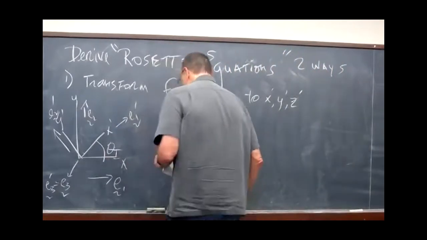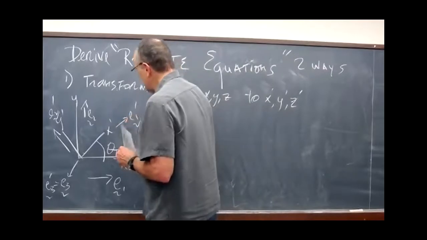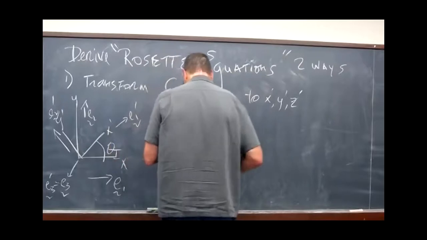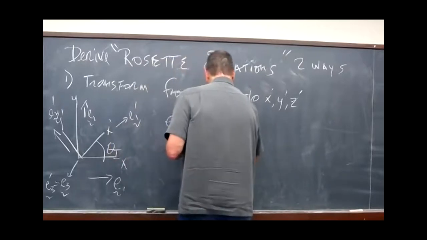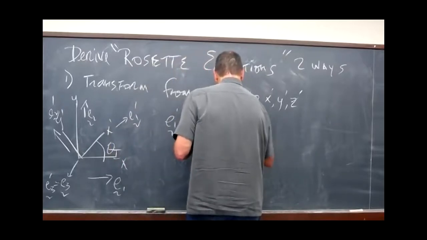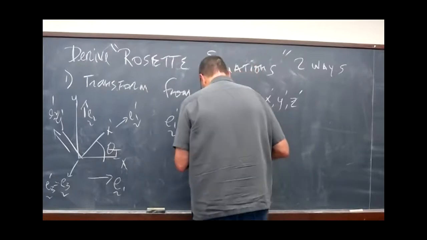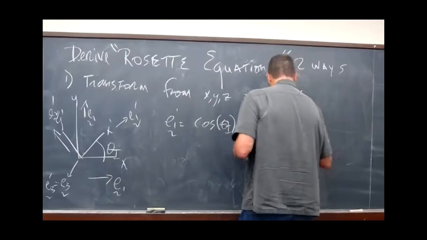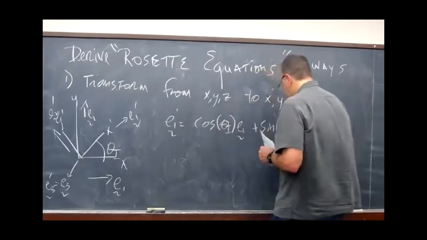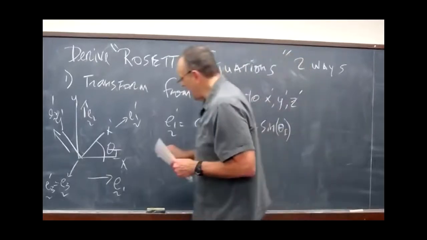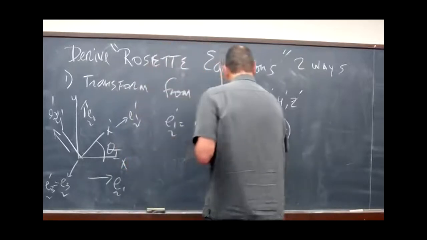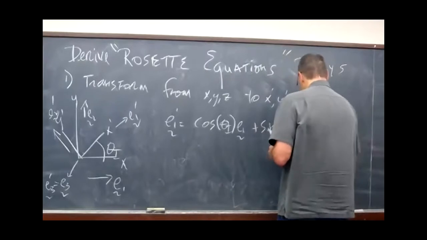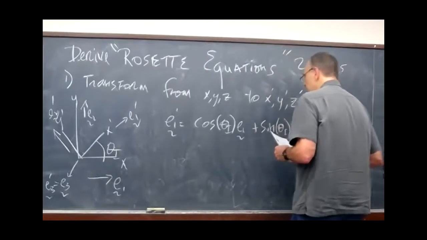So we can go in and remember how we do this. We write E1 prime in terms of E1 and E2, and this is theta I, not theta 1. This is an I. I would like to say that I'm going to always put the little things on it, but I may not, so you guys just remember that.